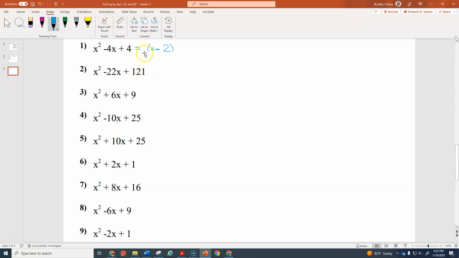And here's my check. Multiply this root times this root and then double it. What's x times 2? 2x. Double 2x. 2x doubled is 4x. That's what I have right here. So that means this is the factored form of that perfect square.